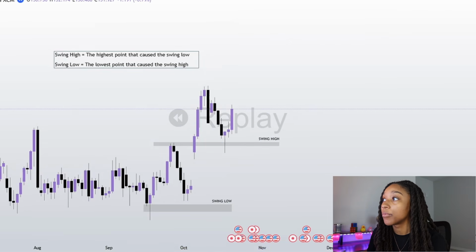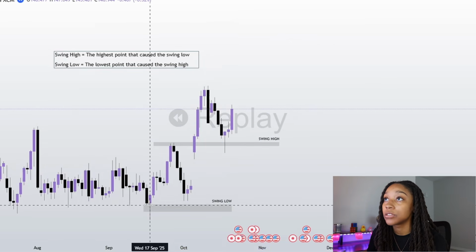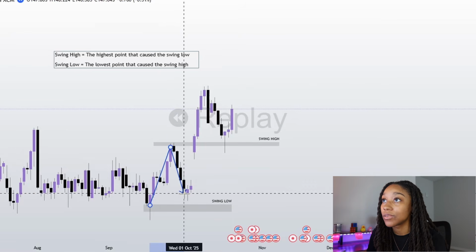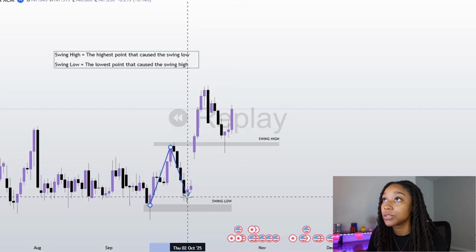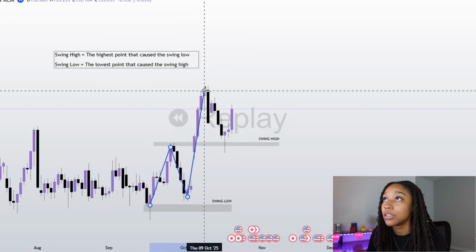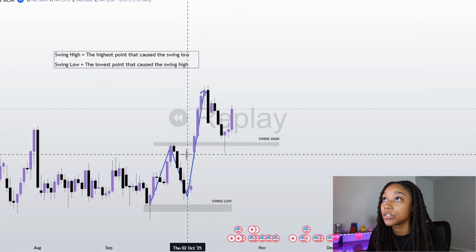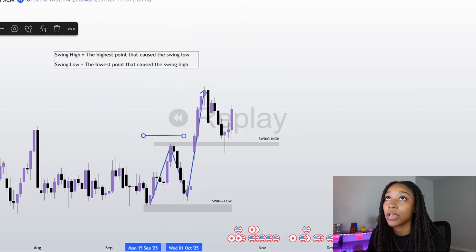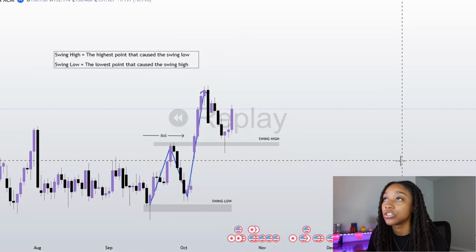So if we look back at price, let's see what happened. So price, we had the swing high, we had the swing low, right? Price, we came down, right? All the way to this point, and then we broke this high, right? We broke structure. There was a break of structure right here. So we have an official break of structure.